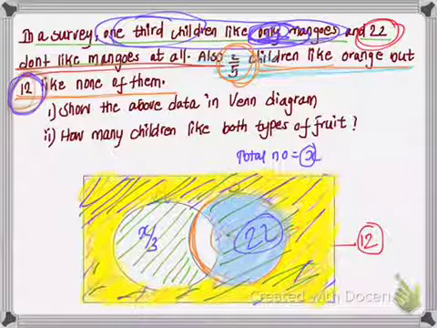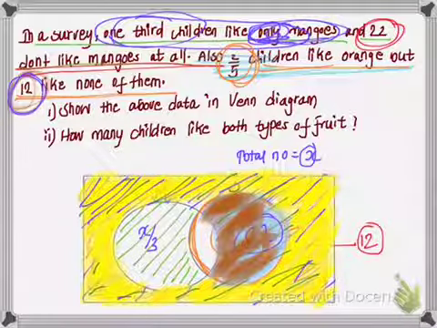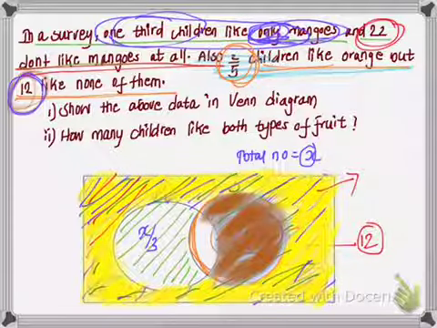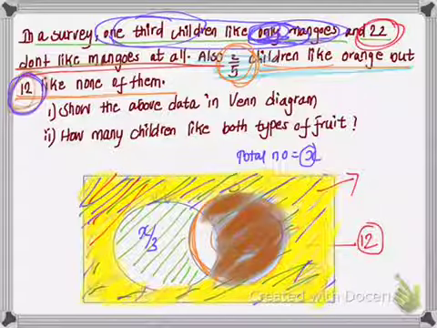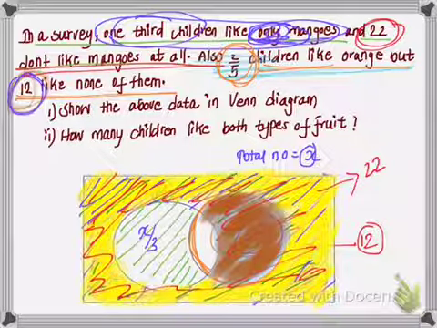Now, to get the number of students who like only oranges, to get this region, we can simply subtract from the number of students who don't like mangoes at all, which is 22, the part from the yellow region, that is, the number of students who don't like both mangoes and oranges, which is 12.